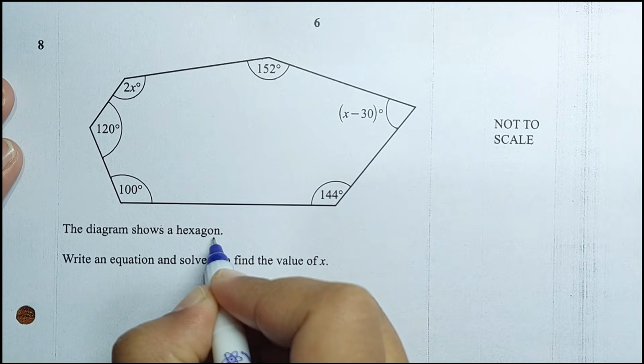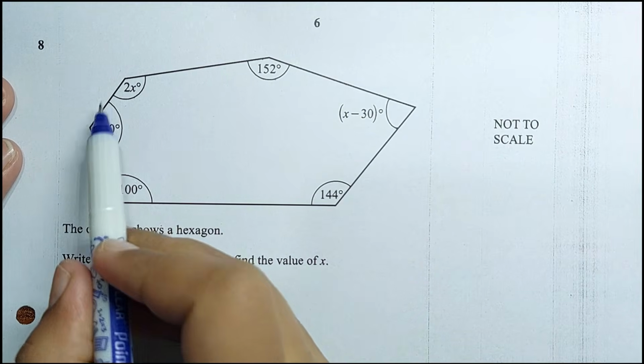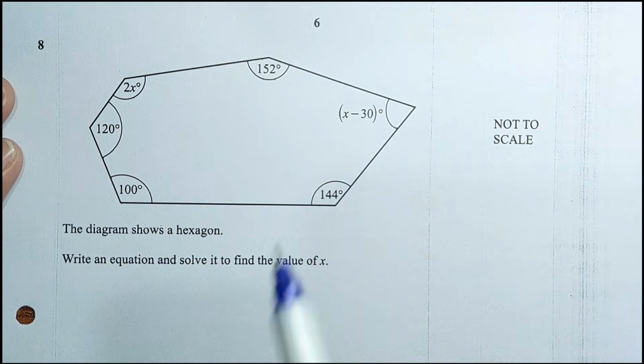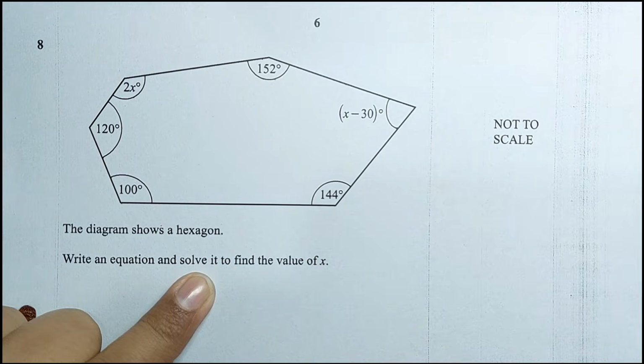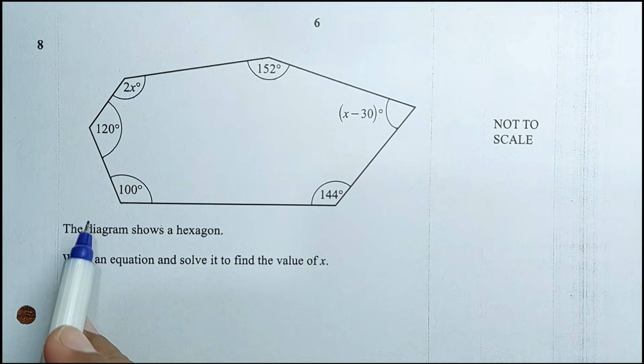Question number 8. The diagram shows a hexagon. 1, 2, 3, 4, 5, 6. It has 6 sides. Write an equation and solve it to find the value of x. Okay, the sum of all angles of a hexagon adds up to 720. How is it 720?